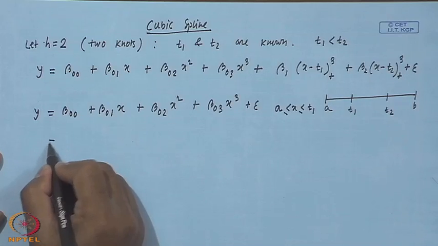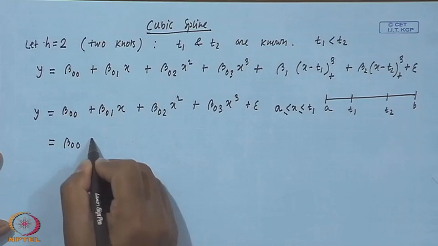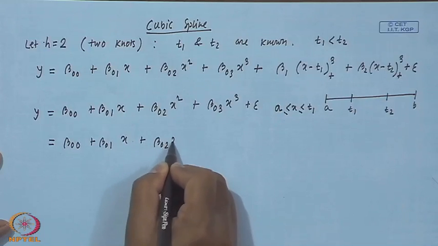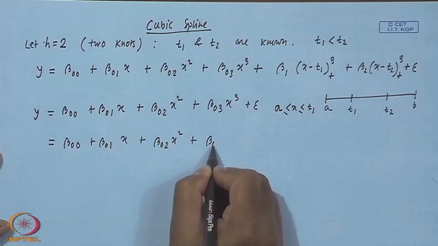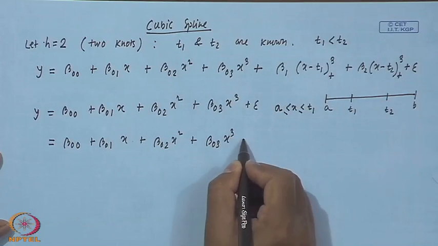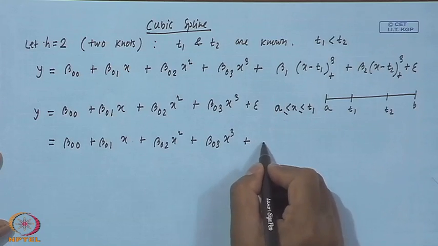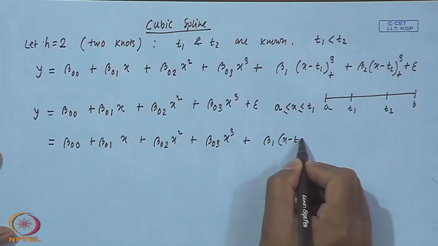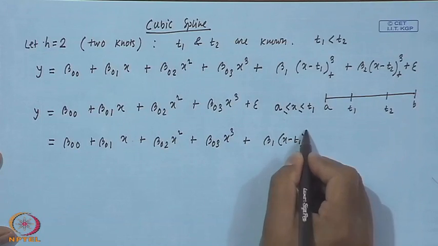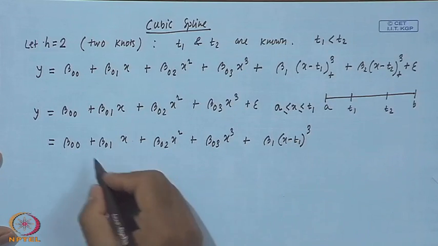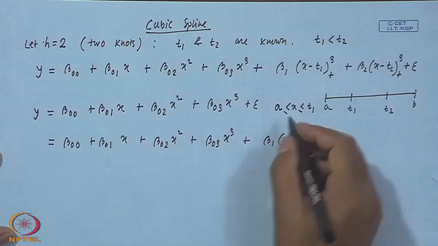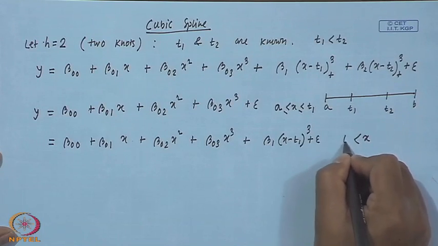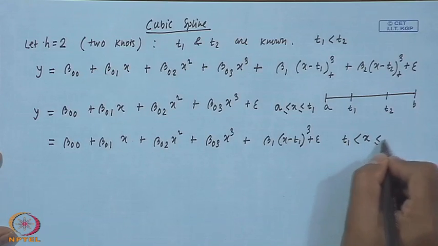And y is equal to beta naught plus beta naught 1 x plus beta naught 2 x square plus beta naught 3 x cube plus beta 1 (x minus T 1) to the power of 3. This is my model in the range x greater than T 1, but less than or equal to T 2.